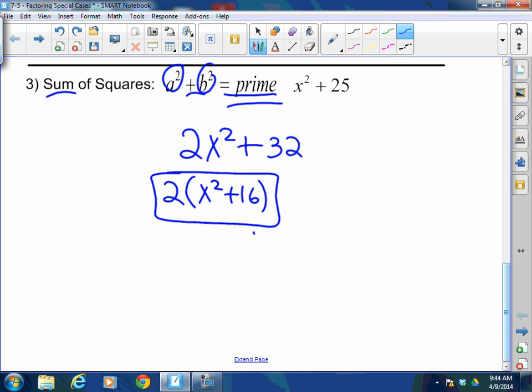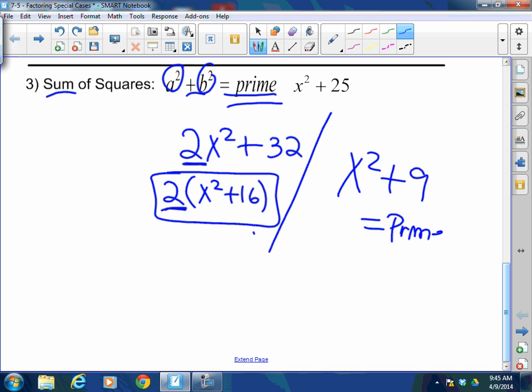I do not put prime in that case. Why do I not put prime? Because I factored out a GCF. If I factor out anything, it's not prime. But from here, can I go any further? No. But if I give you this, that is straight up prime because there's no GCF and you cannot factor it. Does that make sense, my friends?